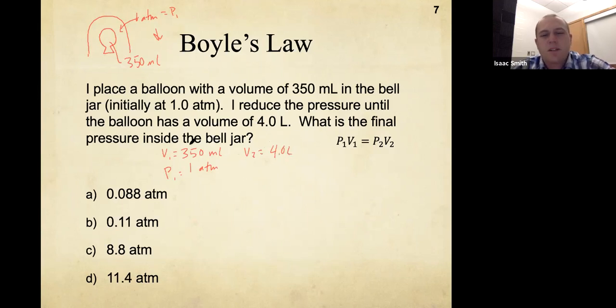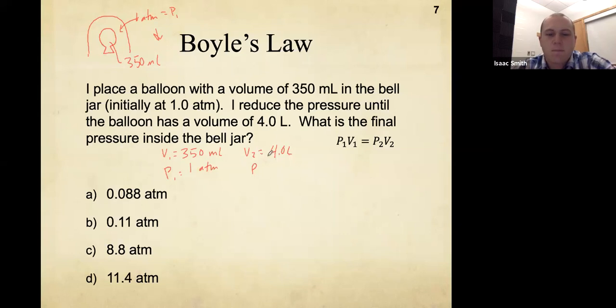What is the final pressure inside the bell jar? Again, you can assume the pressure is going to reduce until the balloon shrinks down, and after it's shrunk down, it isn't going to be changing size. So the pressure inside the bell jar should be equal to the pressure inside the balloon once this is done.